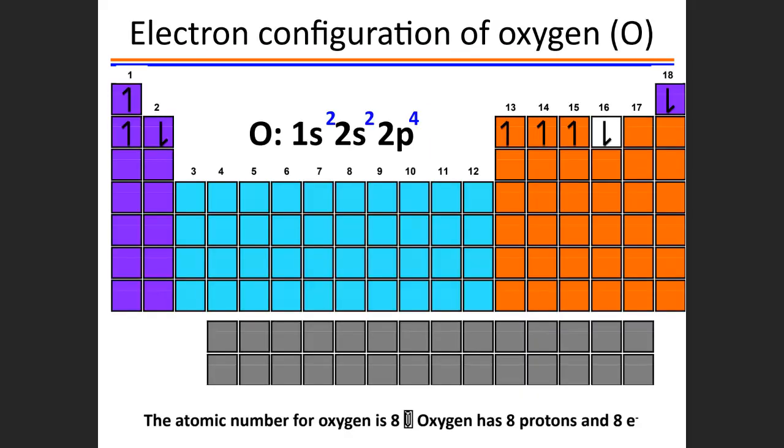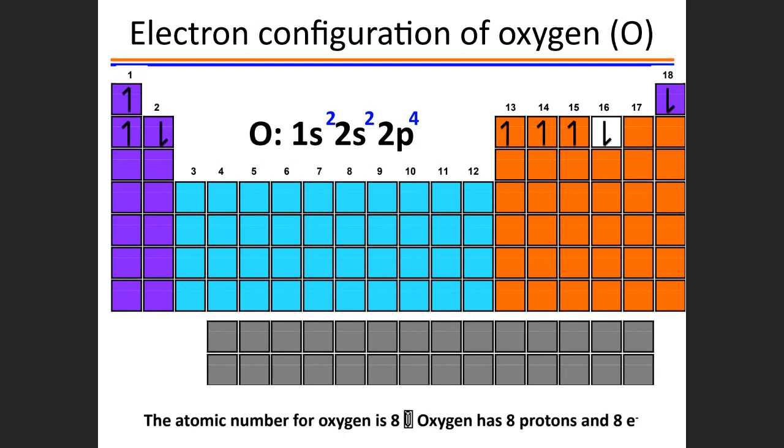Electron configuration of oxygen. See, this is the 1s, maximum 2 electrons. Here the 2s2, one room, and here 2p4, 1 2 3 4.